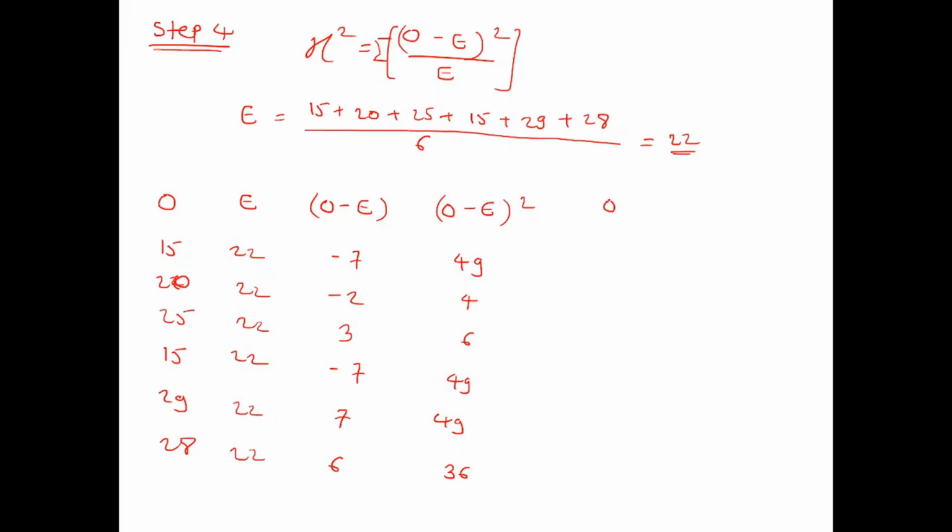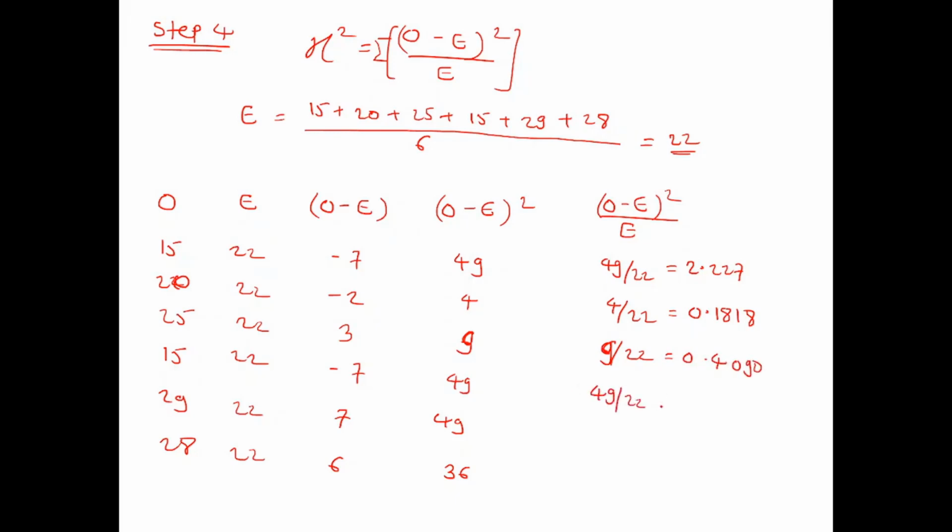And the last one is O minus E bracket square upon E. So this is 49 by 22, which is equal to 2.227. 4 by 22 is equal to 0.1818. Sorry, this is 9. So 9 by 22 is 0.4090.